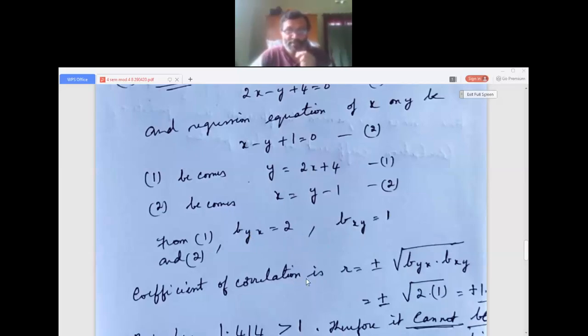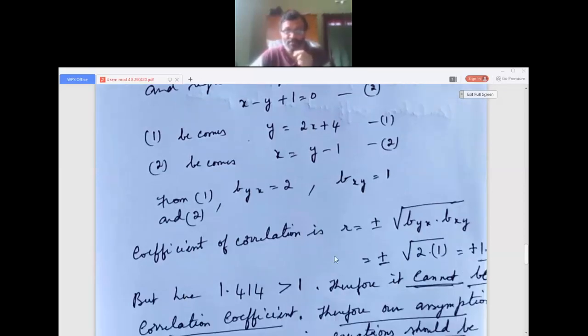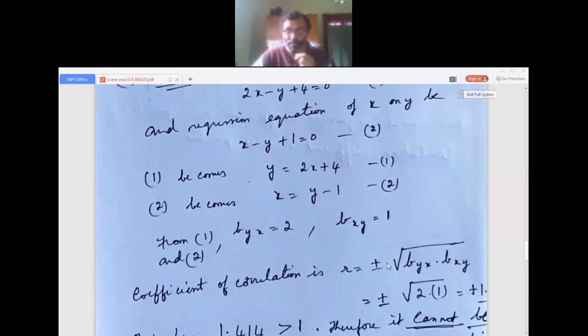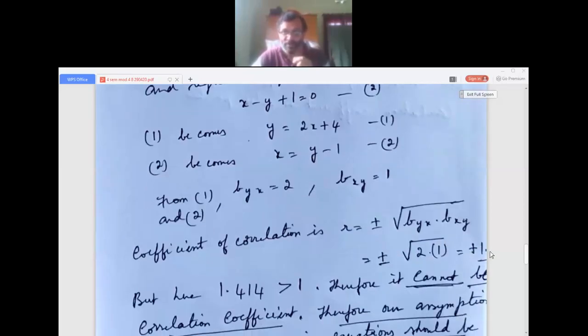Once you get byx and bxy, we calculate r. The formula is r equals plus or minus the square root of byx into bxy. So plus or minus the square root of 2, which is 1.414.